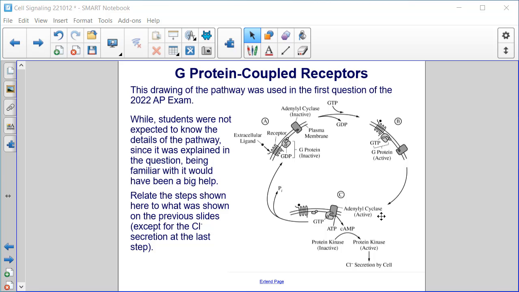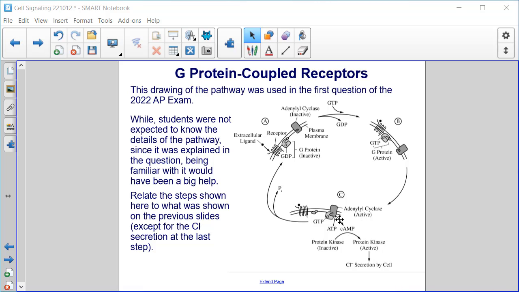So that's what happens here, is that activated G protein travels to the adenylyl cyclase, and look, it's only that alpha subunit with the GTP. Here are the beta and gamma subunits here. Okay, so this binding of the active G protein to the adenylyl cyclase then activates it. Then what happens?